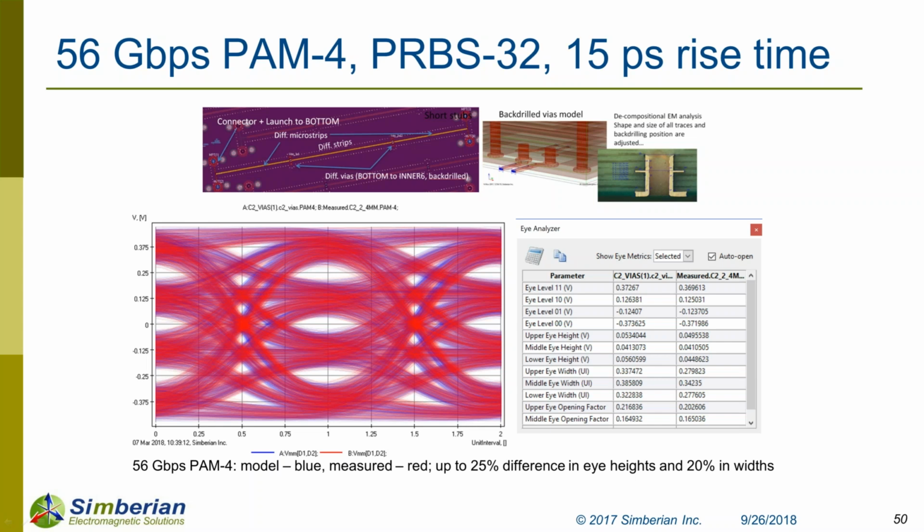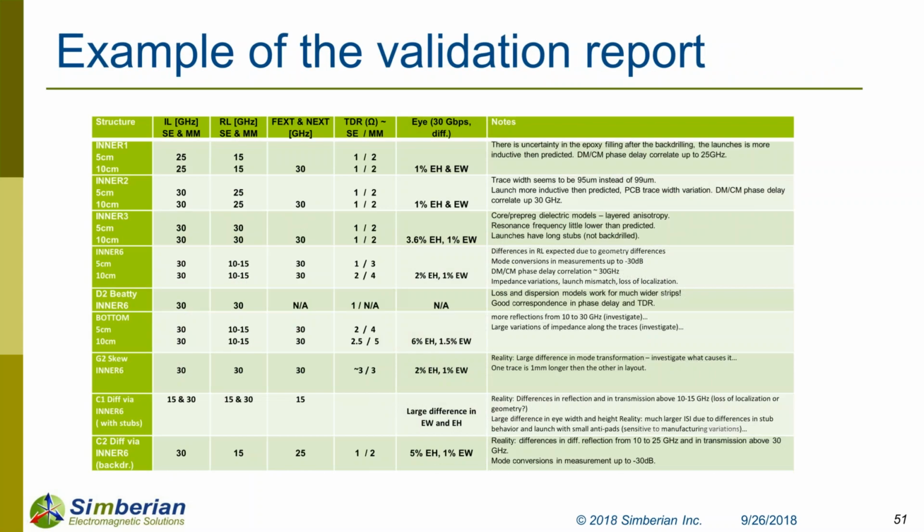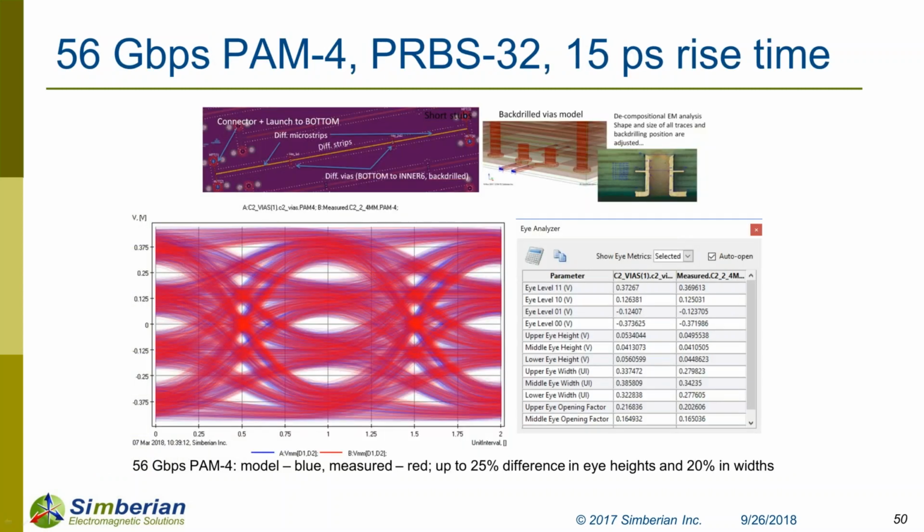But in reality with PAM4, differences in the levels and differences in the energy in the first lobe and second make it more sensitive to problems above 30 gigahertz. We're comparing here measured versus simulated, and remember, simulated didn't correlate well above 30 gigahertz, and that is reflected in this eye. With this problem above 30 gigahertz, you cannot get such excellent correlation. So we have to construct models that are good above 30 gigahertz also.